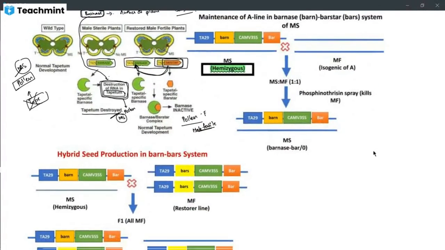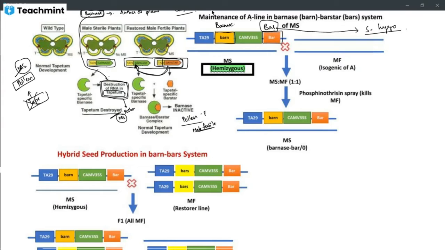So this is the basis of the Barstar-Barnase system of male sterility. This is known as the Barnase gene. And we also discussed that there is another gene named Bar. This Bar gene is from which organism? Streptomyces hygroscopicus.